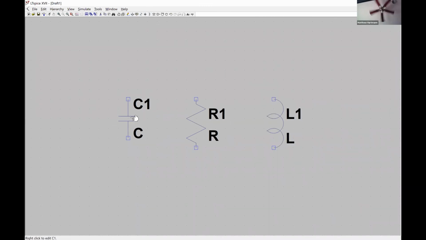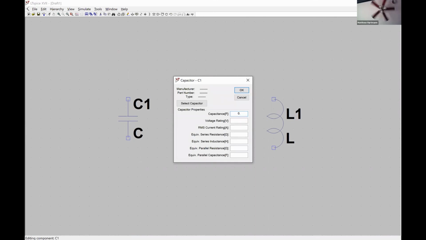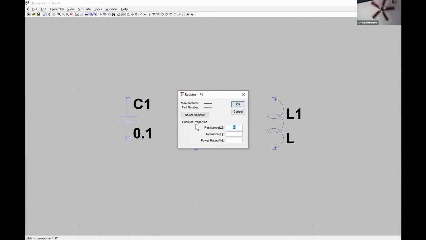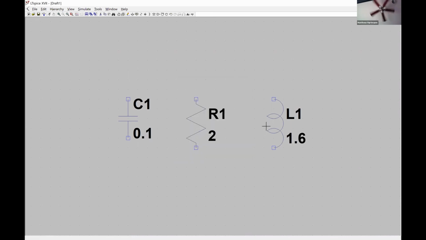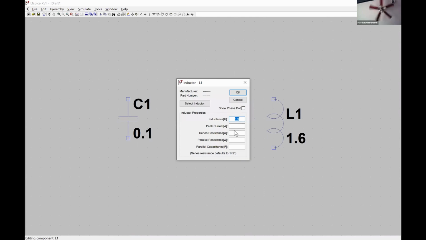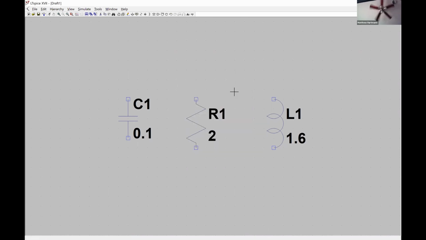The value of the capacitor was 0.1 farad. The value of the resistor was 2 ohms, and the value of the inductor was 1.6 henries. Oh, and I don't think it'll matter here, but I'm going to set the series resistance of the inductance to be equal to 0. I might have taken the problem out that was causing issues with, but I don't remember.